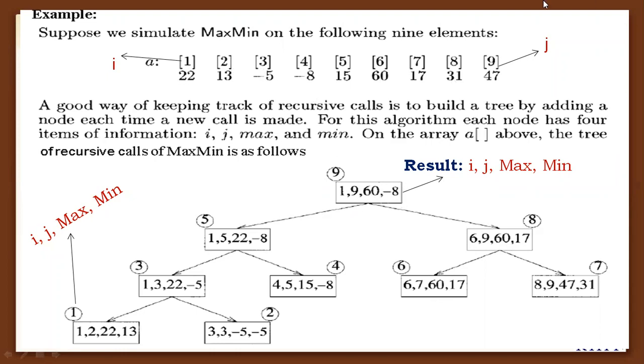So the result for the given array is maximum element 60 and minimum element minus 8. And we can get the solution by applying the division method 9 times. 9 comparisons are required to get the solution for the given problem.